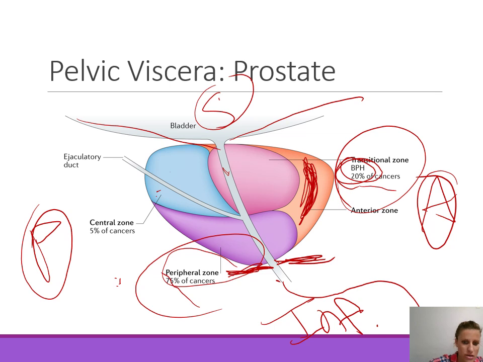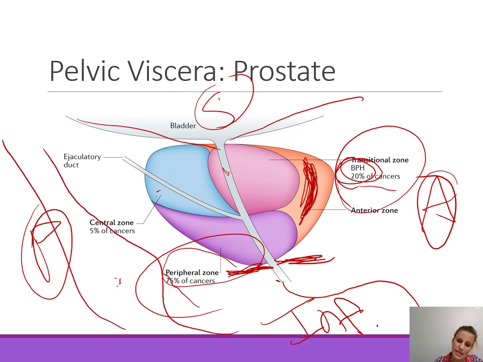So back here is the rectum. So you can see how during a digital rectal exam, where the fingers are used to go into the rectum and palpate the rectum and the prostate, you would be palpating the portions of the prostate where cancer typically develops.